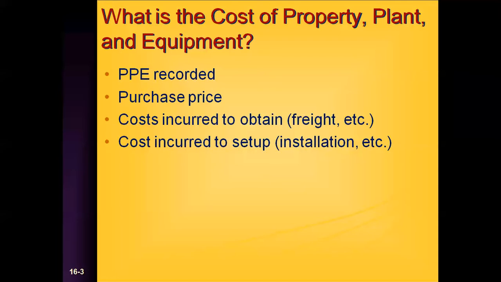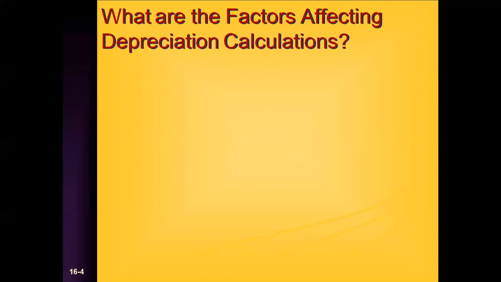Okay, let's talk about depreciation calculations and what are the factors that affect the depreciation calculations. Well, first is cost. And basically with cost, we're talking about the cost that is put on the books, and that value of the asset that then is being used and depreciated.